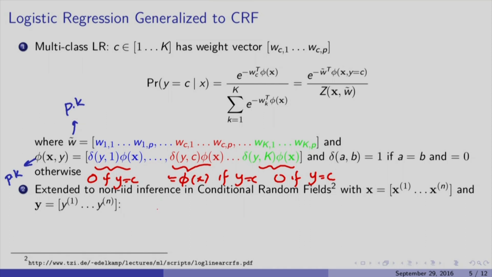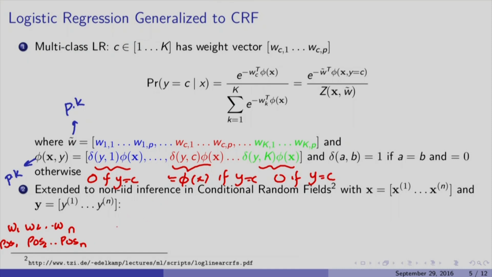Now, all this was so that we could deal with non-trivial y's. So, here is an example in the case of conditional random fields, and recall the problem of part of speech tagging where you have word 1, word 2, word n. These would correspond to x's, x1, x2, xn, and what you are interested in is the part of speech tag for 1, the part of speech tag for 2 and so on, part of speech tag for the nth word.